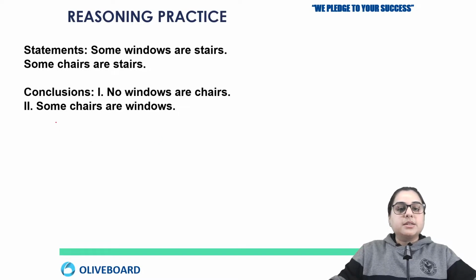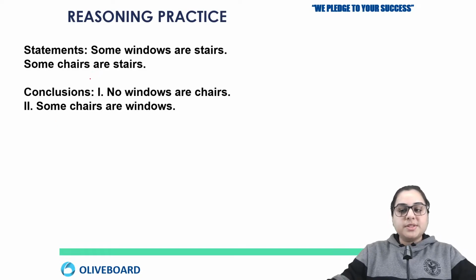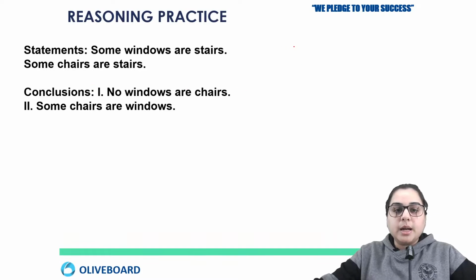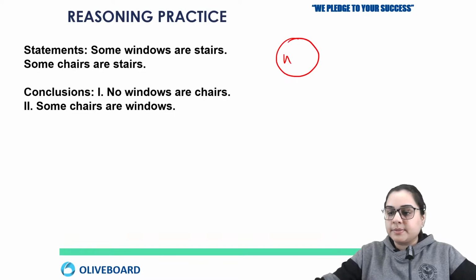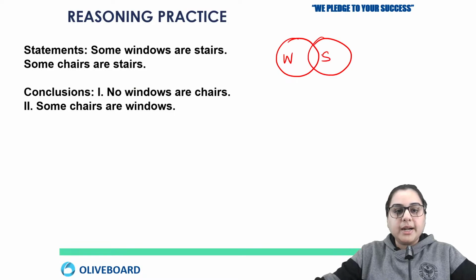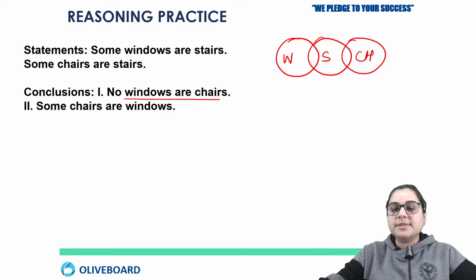Right. So here there are two statements. Let's make a diagram. First, Eva answered, very good. Some windows are stairs and some chairs are stairs. So this is the diagram. Now the first conclusion is that no windows are chairs. Now this is doubtful. Next one is some chairs are windows.